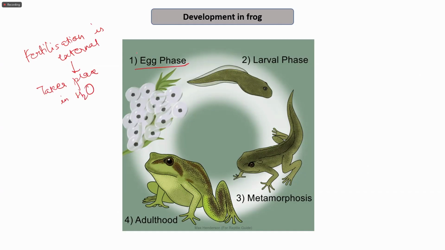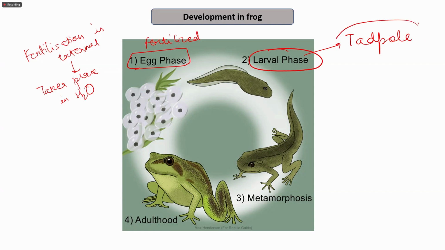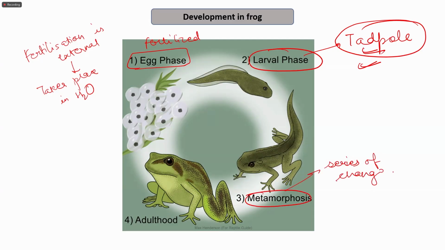So this is the egg phase. These are the fertilized eggs. These fertilized eggs develop into the larva. The larva of the frog is known as the tadpole. This seems easy, but this may be asked: the larva of the frog is called the tadpole, and it undergoes metamorphosis, that is a series of changes in the structure, in anatomy and morphology, resulting in the development into a complete adult frog.